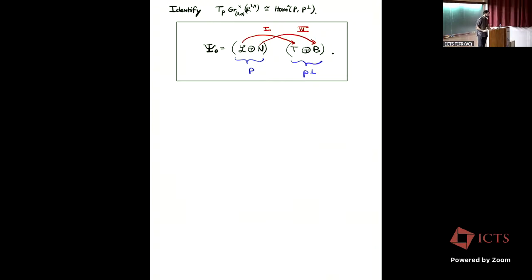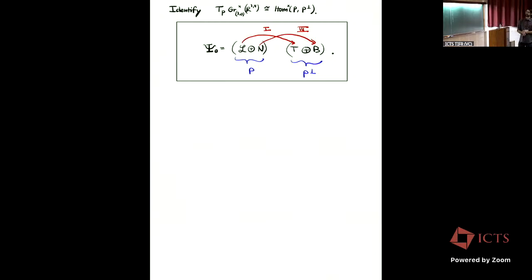So observe that if we take the space-like part of the Frenet frame, P, and the time-like part of the Frenet frame, P perp, then psi naught is moving me from the space-like part to the time-like part. The first fundamental form moves me from L to T, and the third fundamental form moves me from N to B. The tangent space of the symmetric space at a point P, you can think of naturally as the linear maps from P to P perp which are derivations of the cross product.